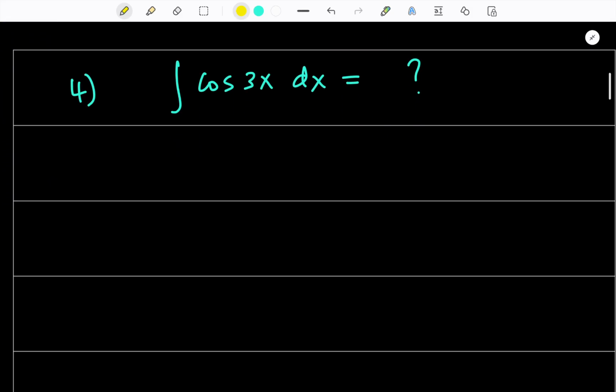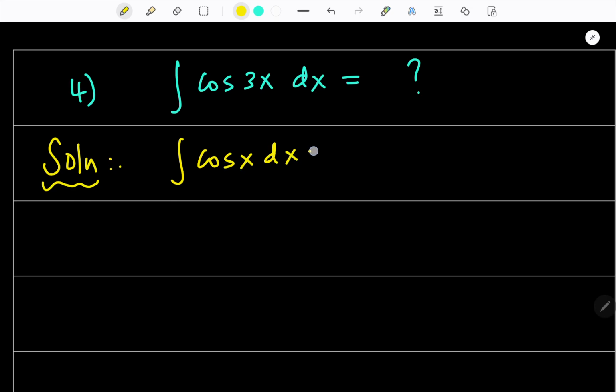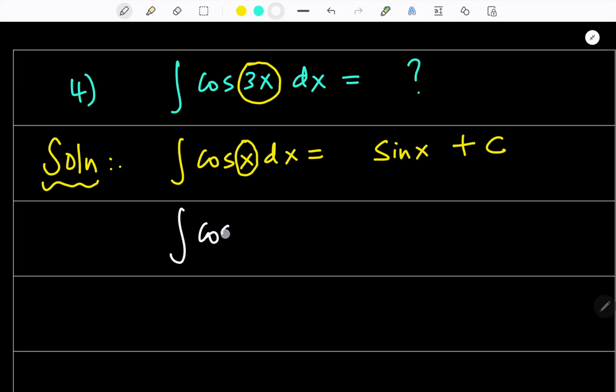Let's go to the next question, which is integral cosine 3x. What is the rule for integral cosine x dx? Integral cosine x dx is sin x plus integrating constant c. Now it is the same thing, but the angle here is 3x, while there the angle is x. So what will be your answer? Integral cosine 3x dx is equal to sine of 3x.